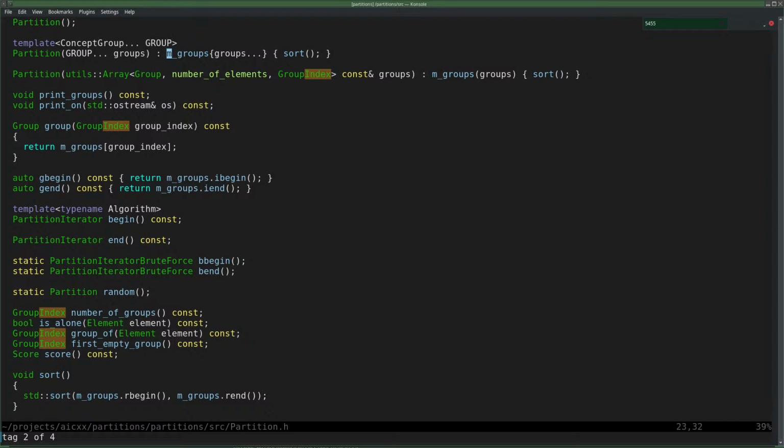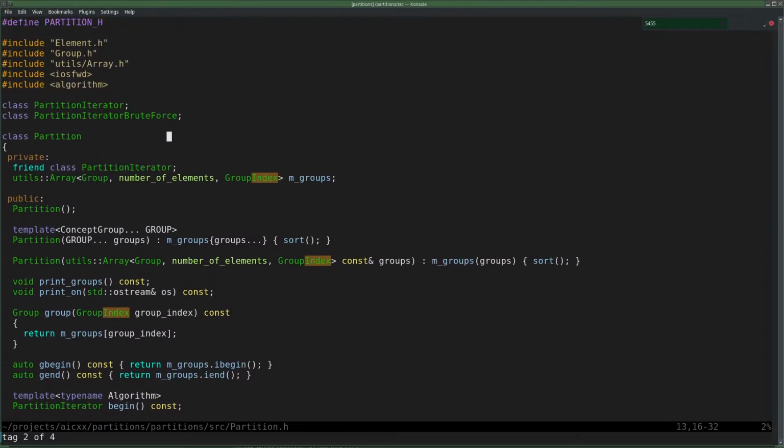Well, we just pass a single group, so m groups is passed a single group. That's not working. I think this is the bug. Strangely enough, if you initialize an array like this, you just pass the first element, then the remaining elements might or might not be zeroed.